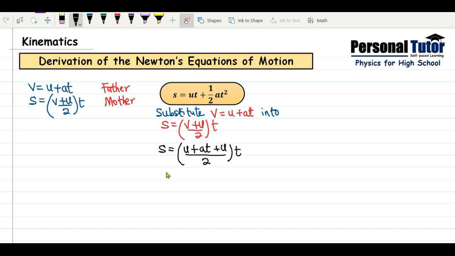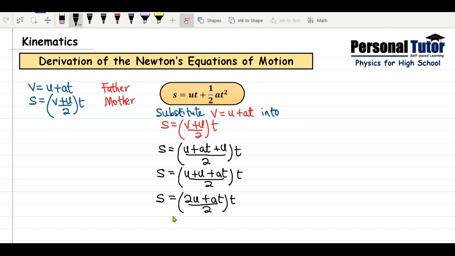So expanding this, we'll have s equals, there are two terms here which are alike, that is u plus at, all over 2 times t. s will be equal to, the summation of this is 2u plus at all over 2 times t.